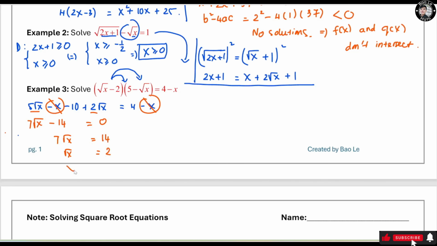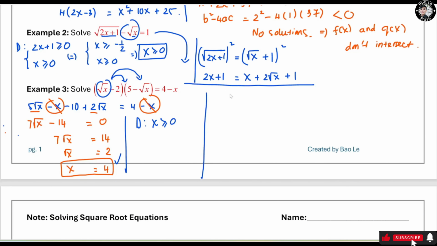Square both sides, it could be s equals 4. Now, don't forget to find the domain. The domain is going to be s greater than or equal to 0. Now, we solved s equals 4, so this is the solution because it's greater than or equal to 0.